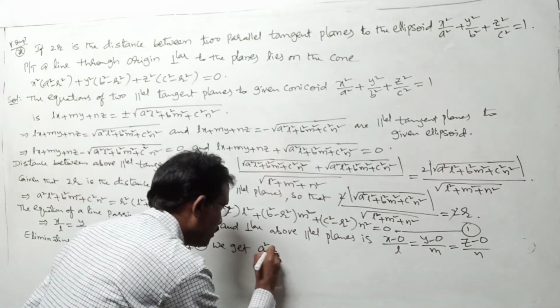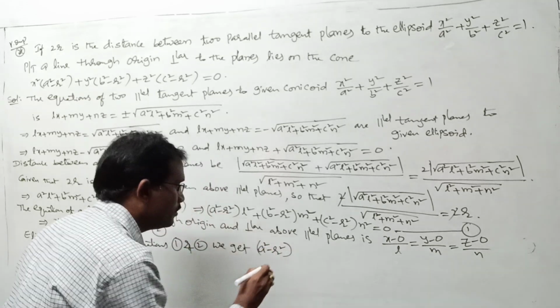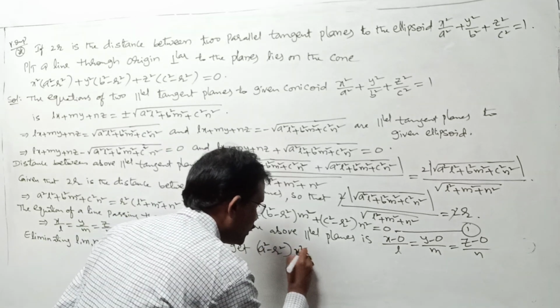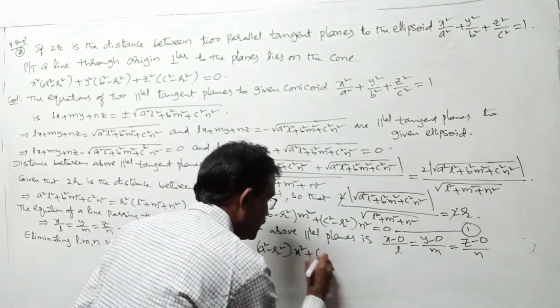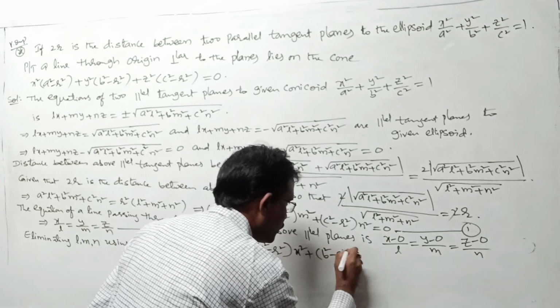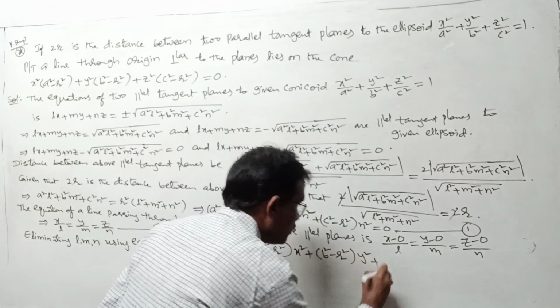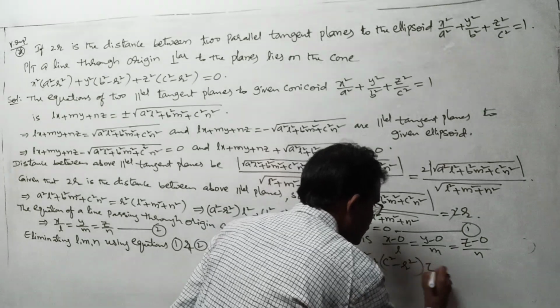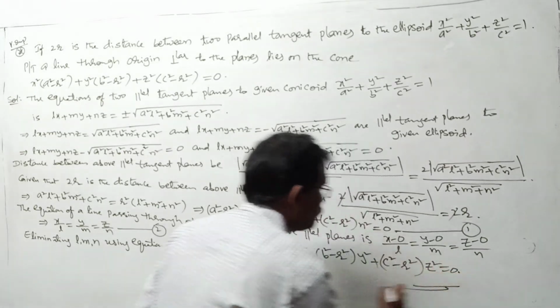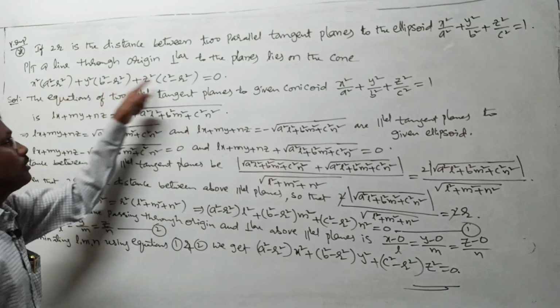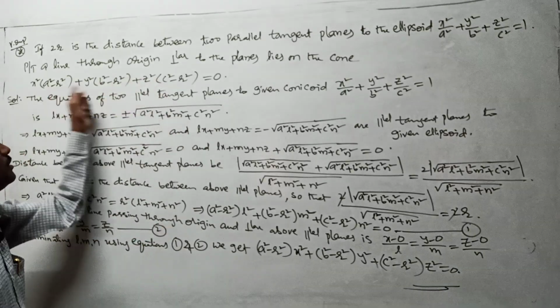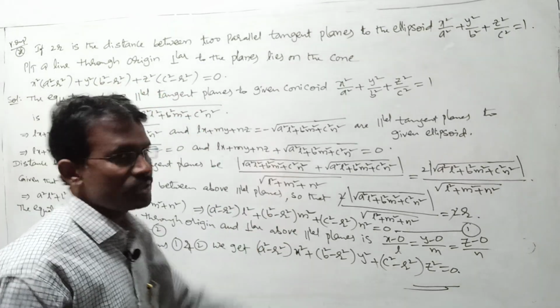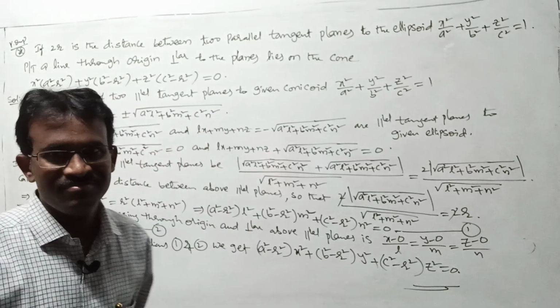It is a square minus r square into x square plus b square minus r square into y square plus c square minus r square into z square is equal to 0. Is it your required cone or not? I mean, this line should lie on this cone, right?